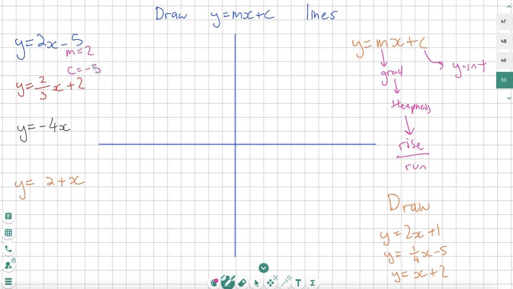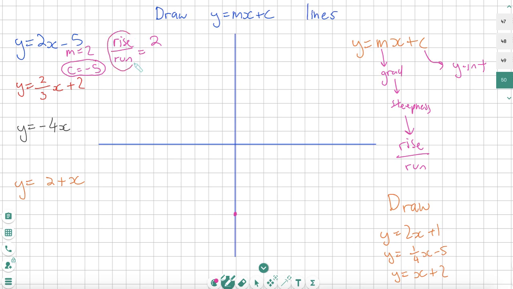So let's start. I always like to start with my y-intercept. My c value is negative 5. So what that means, my line will cross the y-axis at negative 5. Then my gradient is 2. So what I do is I realize gradient is the rise over run, and that's equal to 2.